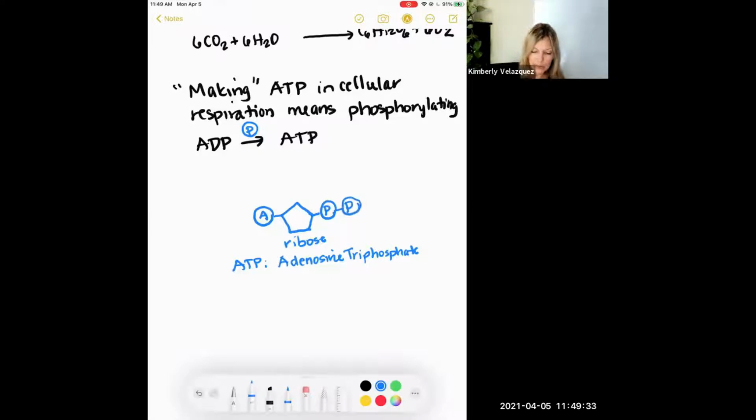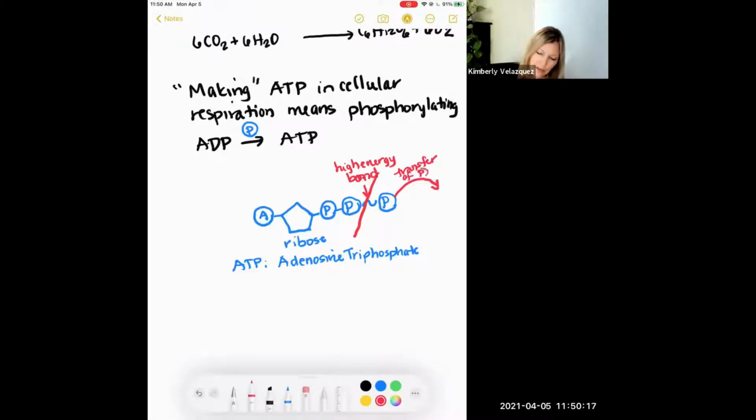And then number 3, we draw with a squiggly line, which indicates that that is a high energy bond. And when it's broken, a lot of energy is released. I'm not going to go into the reasons for that being a high energy bond. If you take a higher level biology class, you might go into the reasons for that. But it's important to realize that breaking that bond and transferring that phosphate group equals energy.